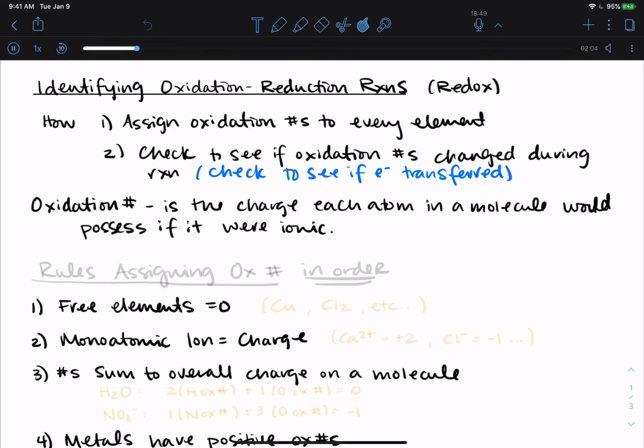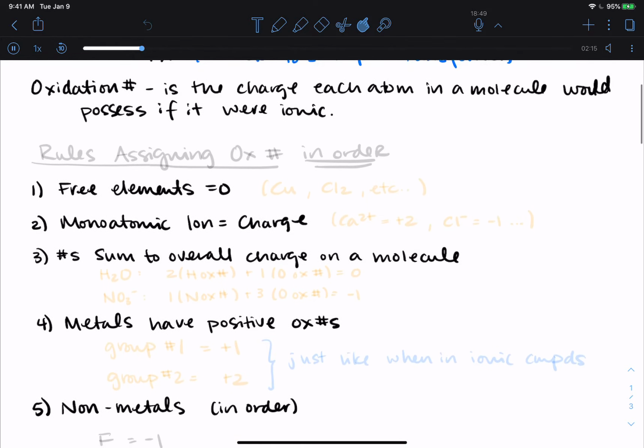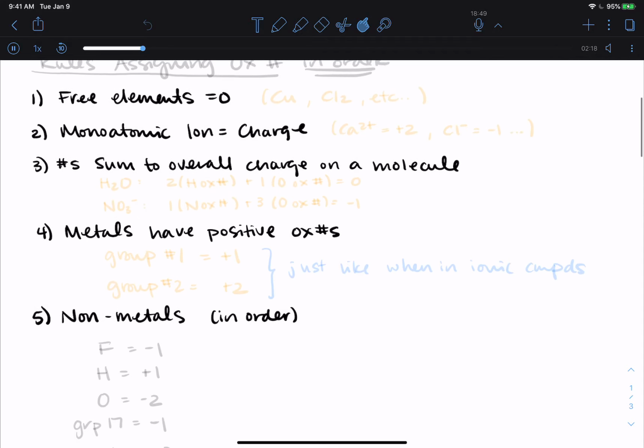And it's just one of the several ways we'll talk about accounting for electrons in a molecule and within a reaction in this class. So what I'm going to do is I'm actually going to pause.